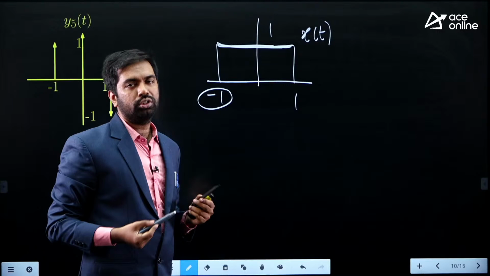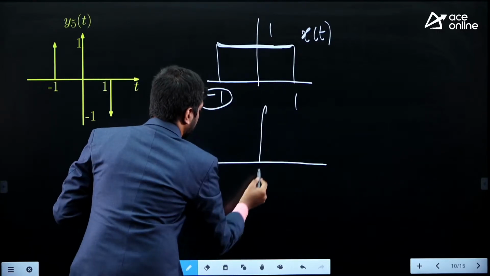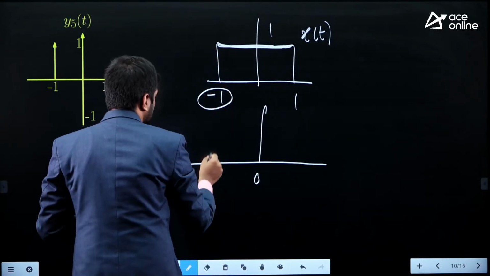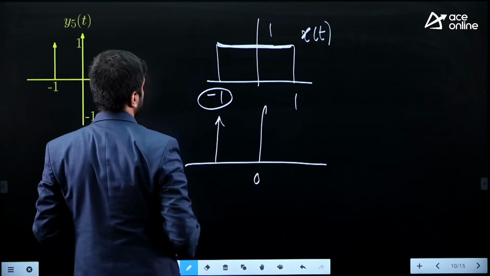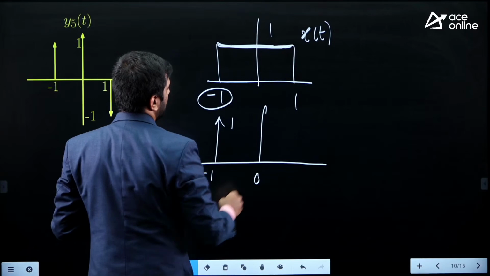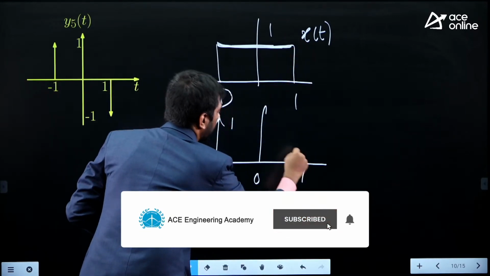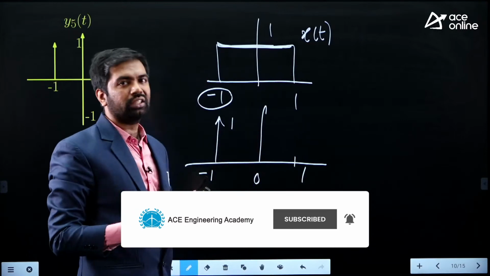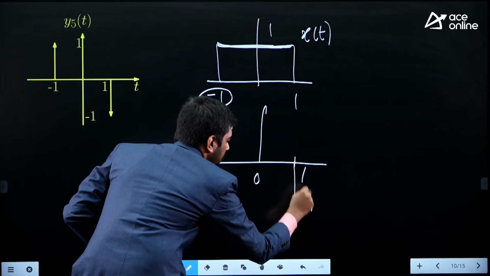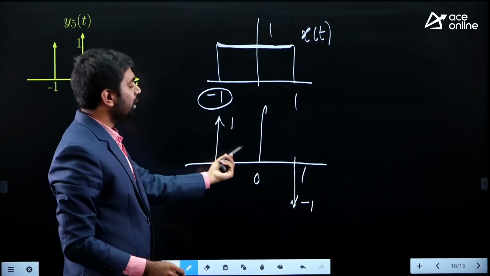So what happens to the derivative? If you perform the differentiation, what do you get? Because of this discontinuity, the derivative leads to an impulse like this, at minus 1. And because of the discontinuity at 1, this leads to an impulse like this. So you see this y5 is the same as this.